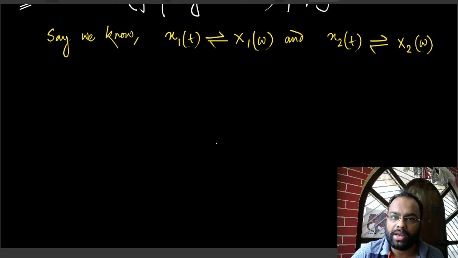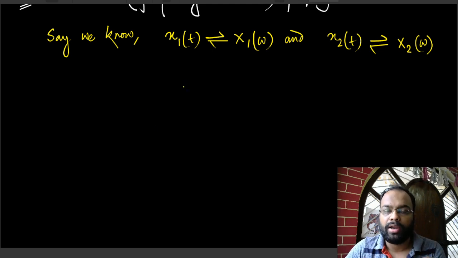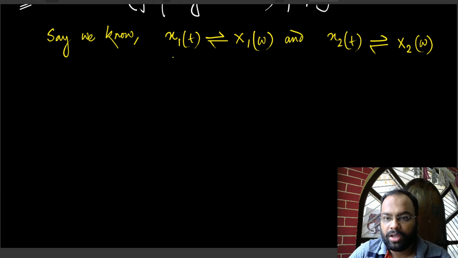What we are trying to find right now is the Fourier transform of x1(t) times x2(t).